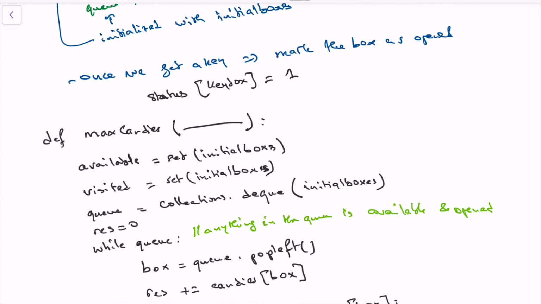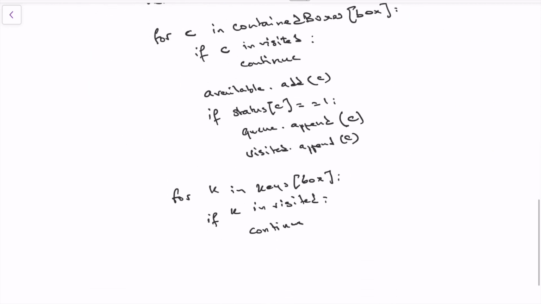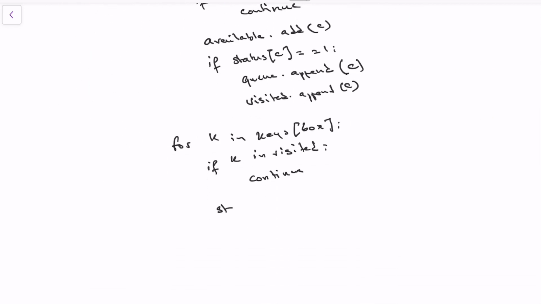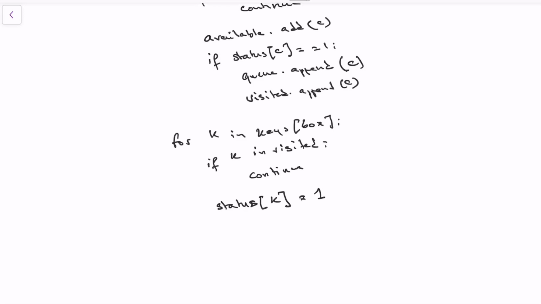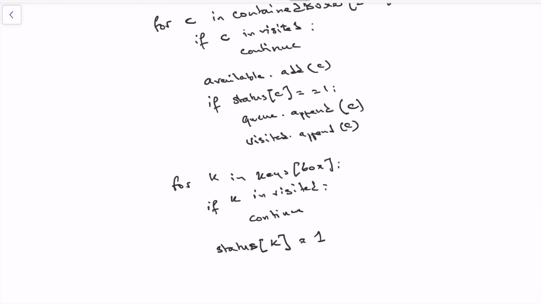And so once I get a key, I'm going to mark it as open by doing status of the box equal to 1, right? And so now that I have it opened, I can check if it's already in the available set of boxes, because if it is, it was closed, so I didn't add it to the queue.